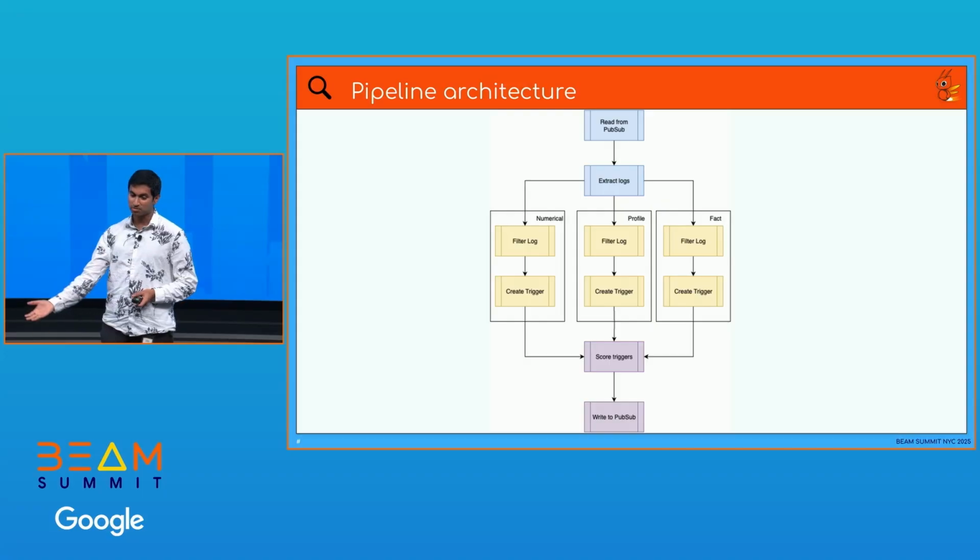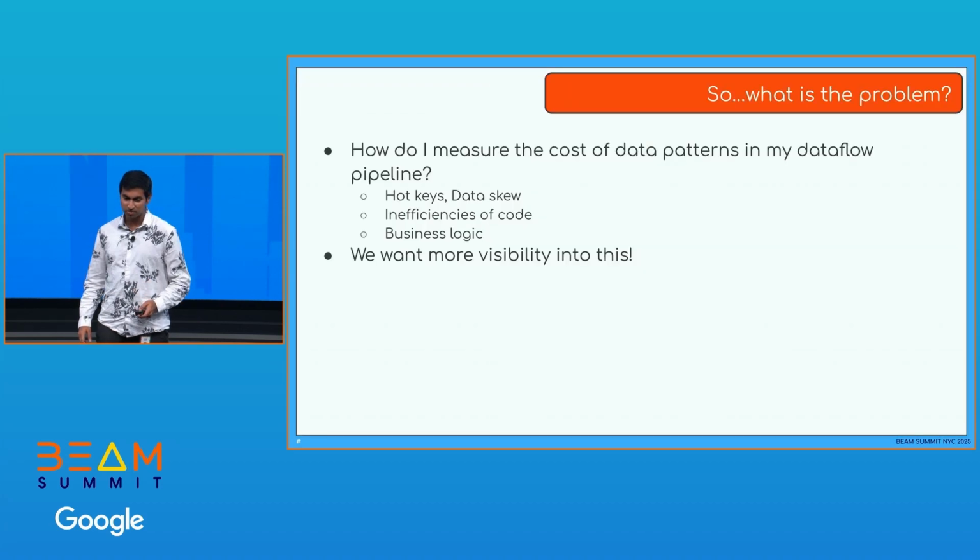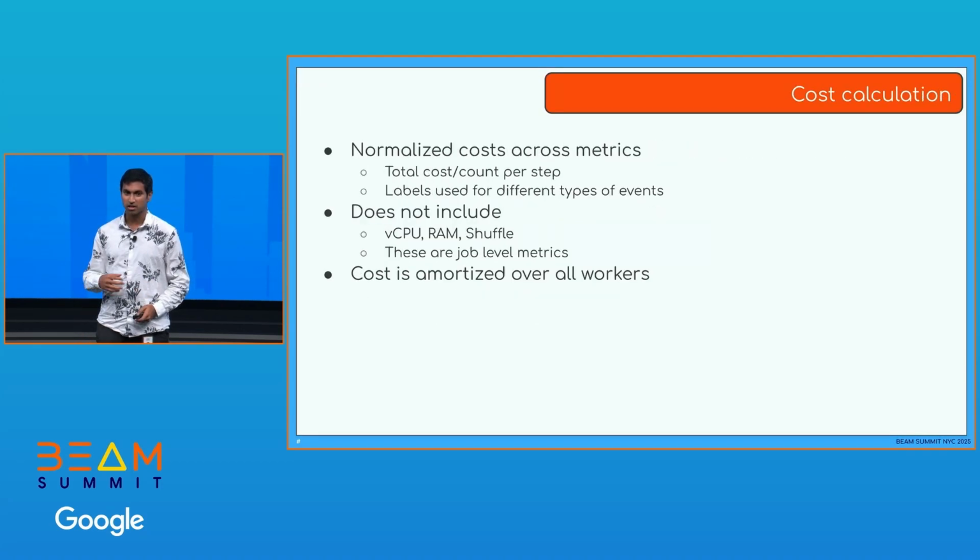And then at the bottom of the pipeline, like score triggers, I was also taking the same two metrics, the count and the processing time. And these are per key. This would give insight because if you saw a very high processing time and a low element count, and it was consistent across the different layers of the pipeline, that was a fairly bad sign.